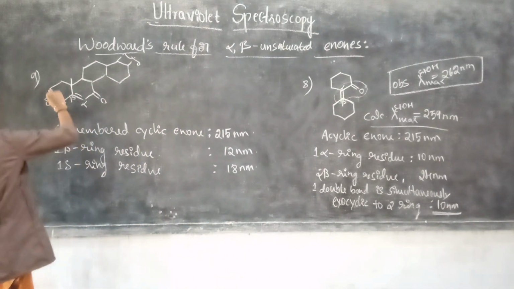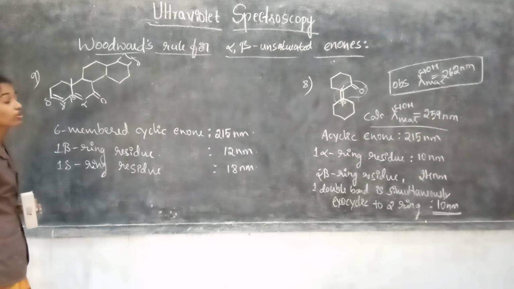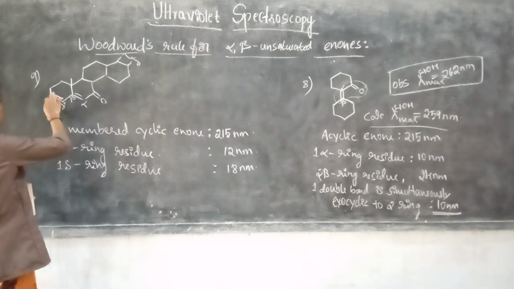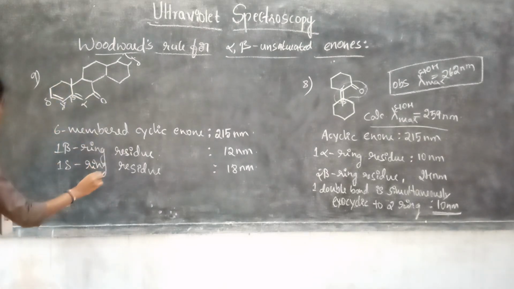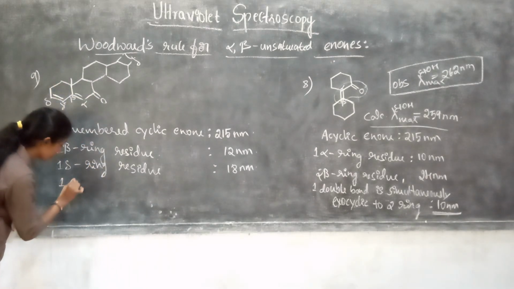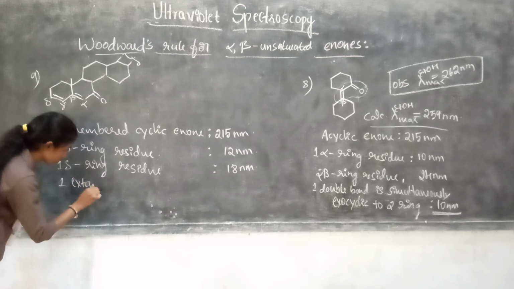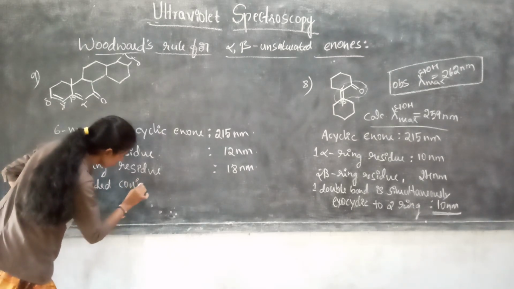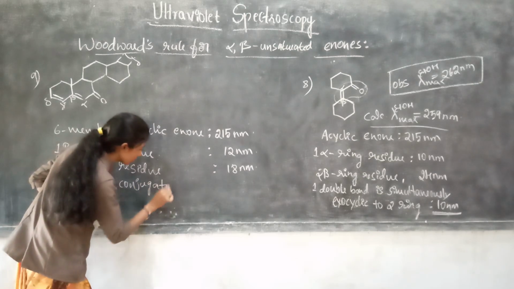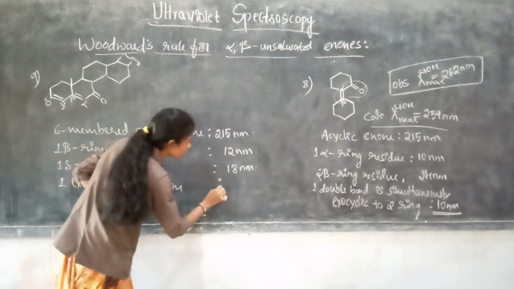And this double bond is the extended conjugation for this enone system. We have one extended conjugation, so there will be an addition of 30 nanometer.